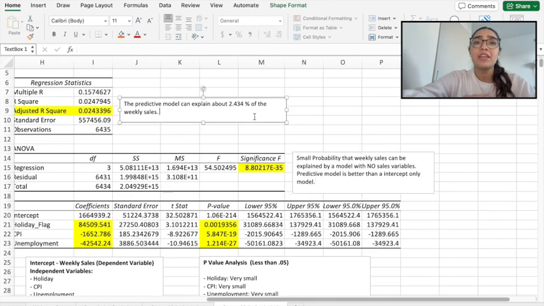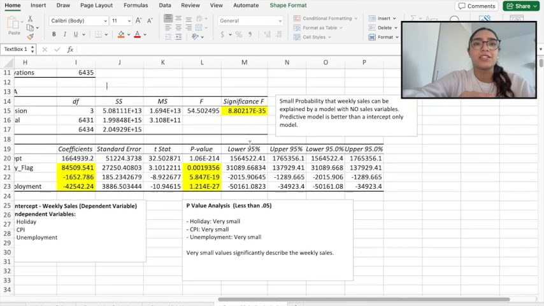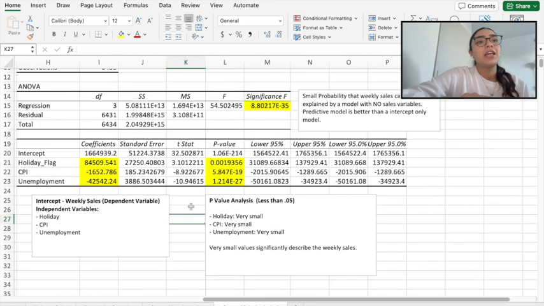So even though it was a little less, we proceeded to analyze the p-value for each of our variables, and still they had very small p-values, which makes them significant enough to describe the weekly sales.